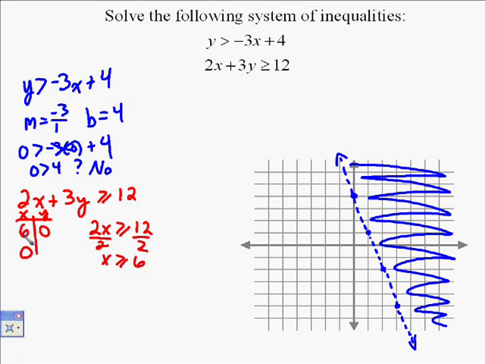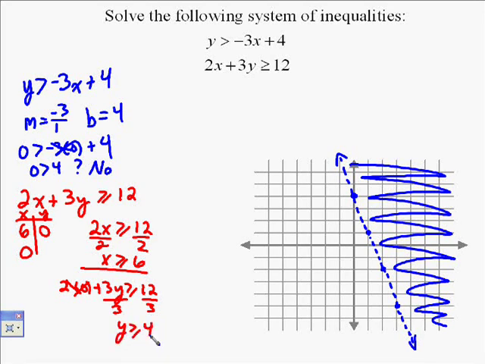So the x-coordinate of the x-intercept is 6. Put 0 in for x, and you get 3y greater than or equal to 12. Divide both sides by 3, and the y-intercept is 4.